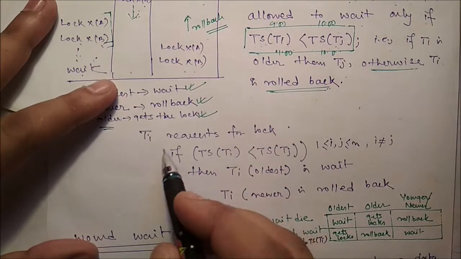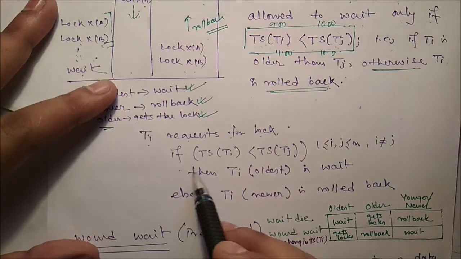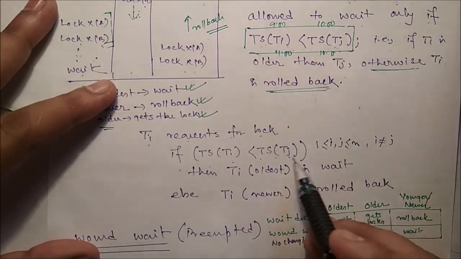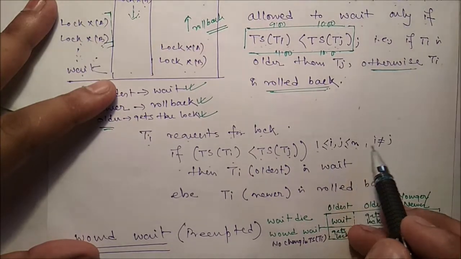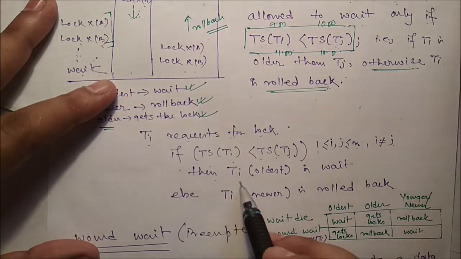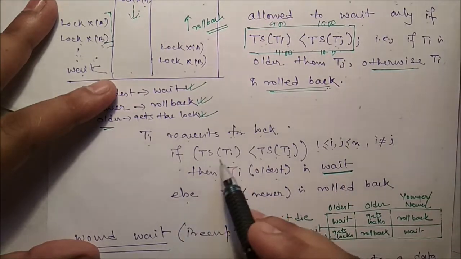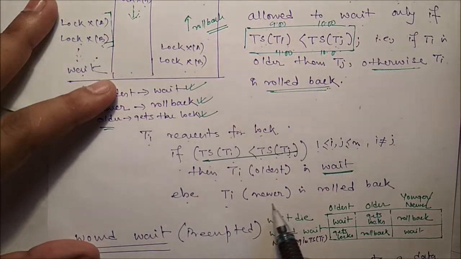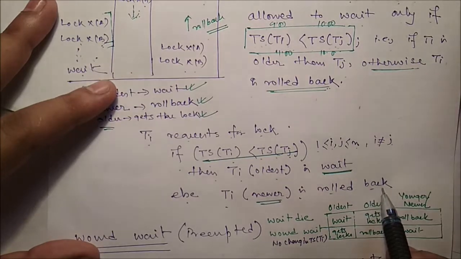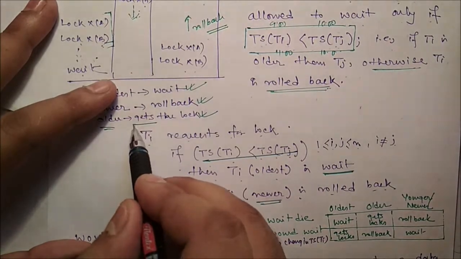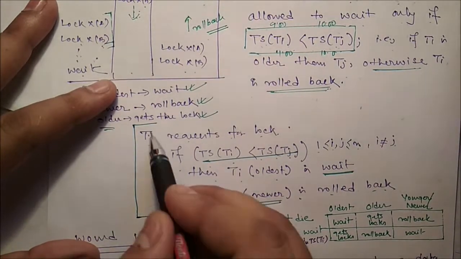So Ti requests a lock: if TS(Ti) is less than TS(Tj), where i and j vary from 1 to n and i is not equal to j, then Ti, which is older, must wait. Otherwise, if this condition is not true, Ti, which is newer, is rolled back. This is the actual logic we have to implement.